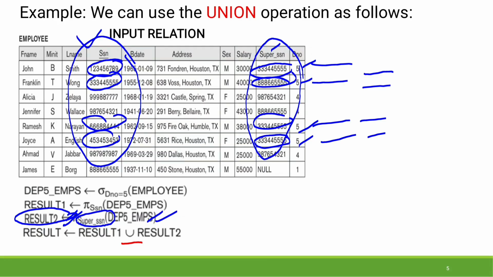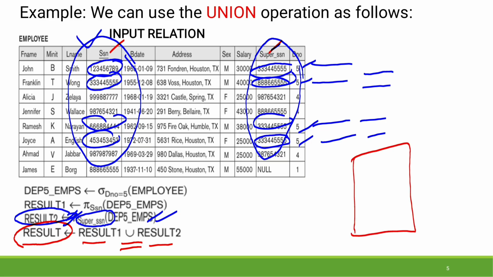Now union operation is used here. Result 1 union result 2, that is saved in result final table. That is result is the final relation or table in which both result 1 and result 2 are present. Means these SSNs and super SSNs will be present in final relation, that is result.